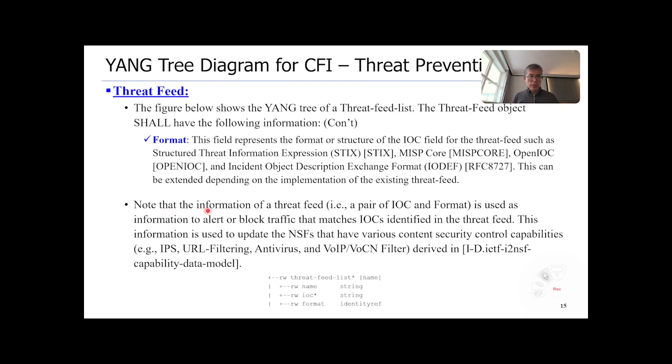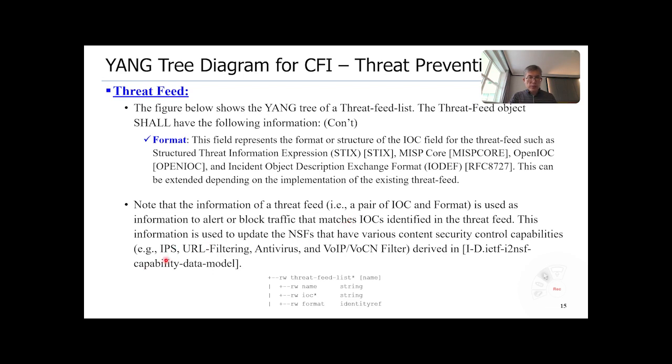So note that the information of the threat feed, in IOC format, is used to alert or block traffic that matches IOCs identified in the threat feed. This information is used to update the NSFs having various content security control capabilities, such as using the content of payload matching with this threat feed, we can filter out.